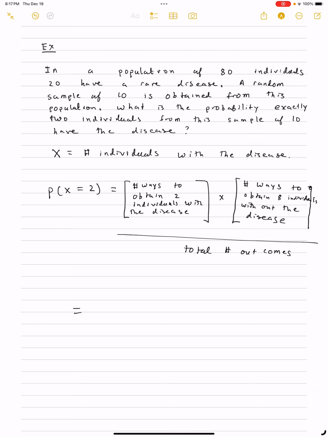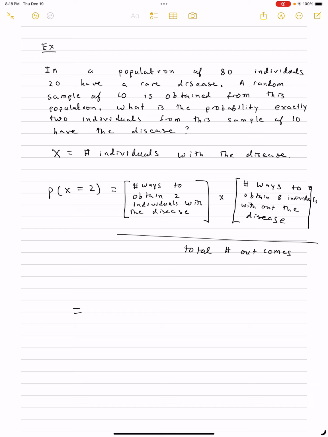Here, the number of ways to obtain 2 individuals with the disease. Remember, there are 20 individuals that have the disease. We just need to obtain 2 of them. It doesn't matter whether they're first or second.